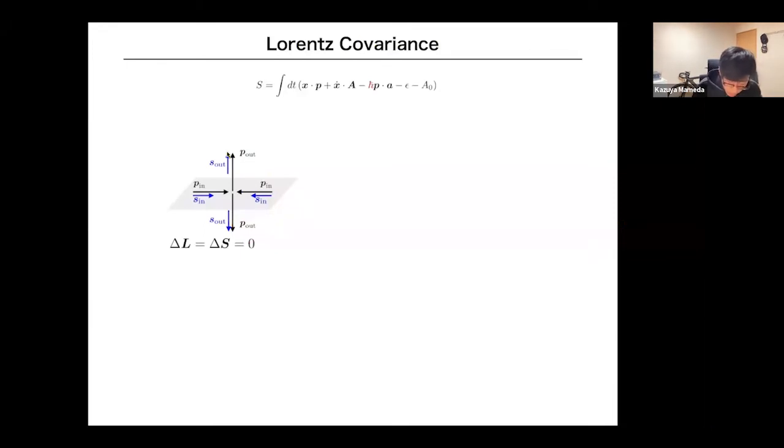Now we have to check the angular momentum conservation. Delta L and delta S mean the difference of the orbital angular momentum and the spin angular momentum between before and after the collision.